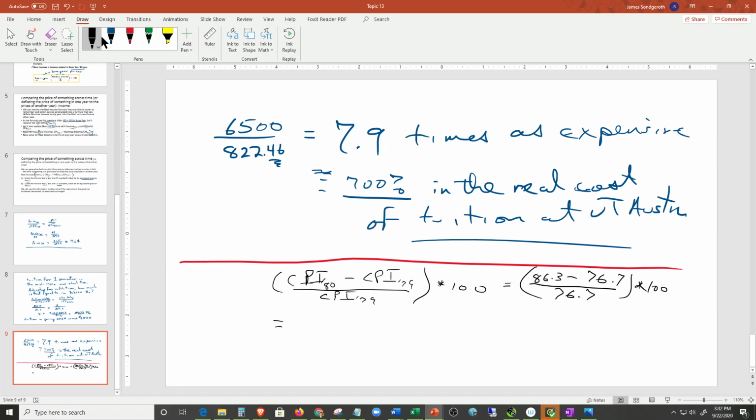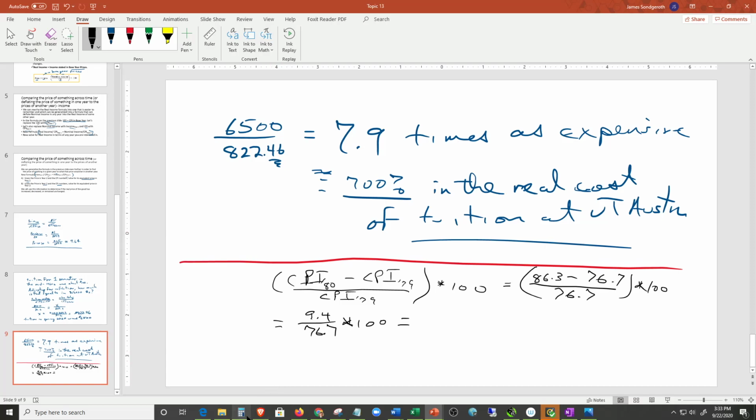And so we're going to get, wow, that's 10. So if this were 86.7, it would be 10, but it's a little less. So it's 9.4, right? There's 9.4 all over 76.7. Ooh, it's going to be a big number. Boy, people would be unhappy if that were the inflation rate.